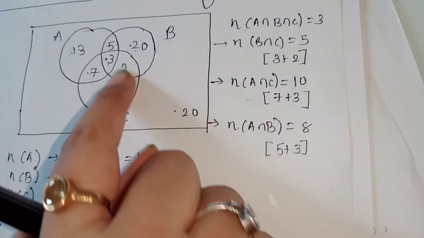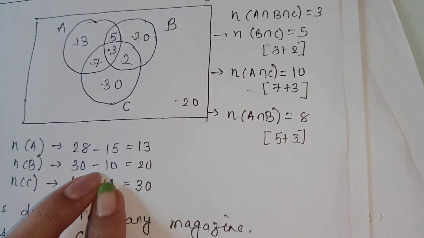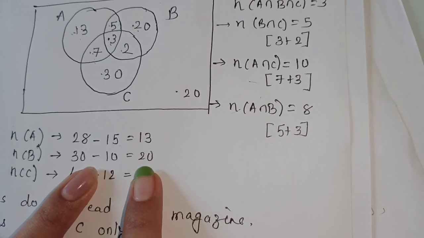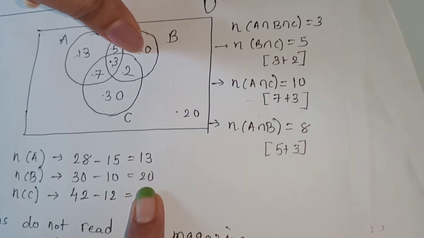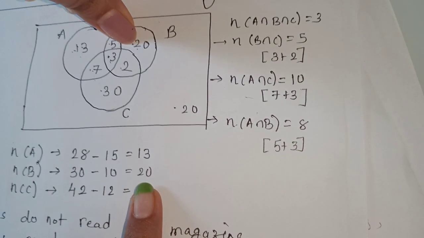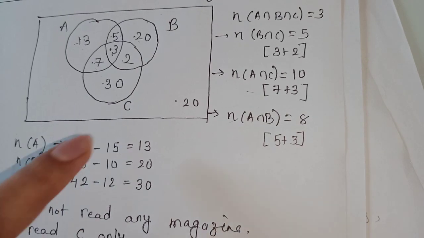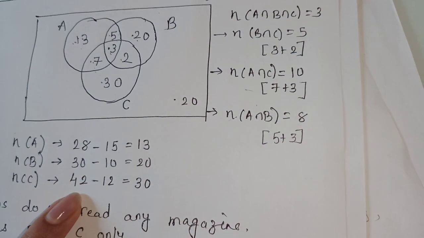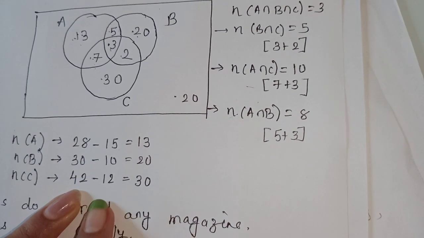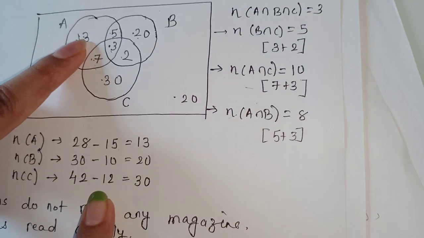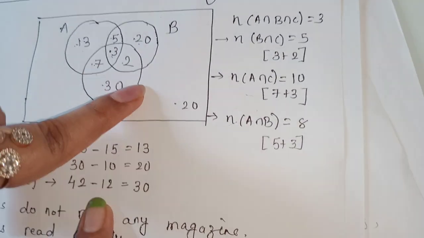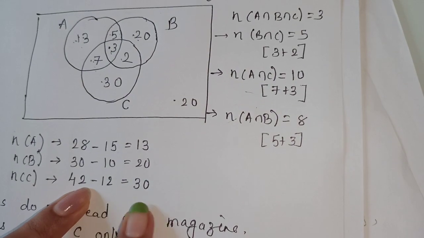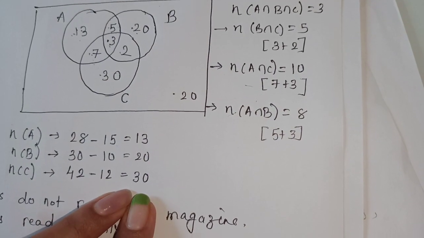If I add 3, 5, 2, then I will get 10. So you will get 20. So I will write 20 over here in this particular set. Number of C is over here 42. Minus the rest, you will get 12. So total you will get 30 over here.